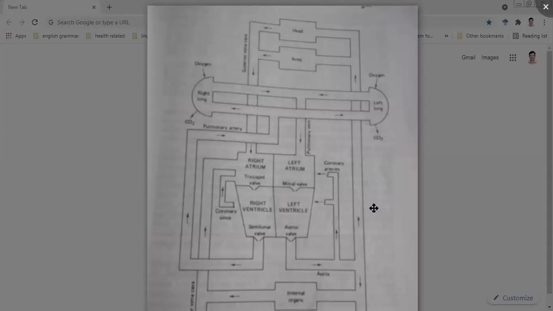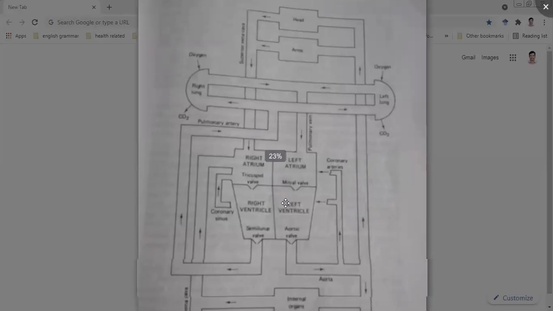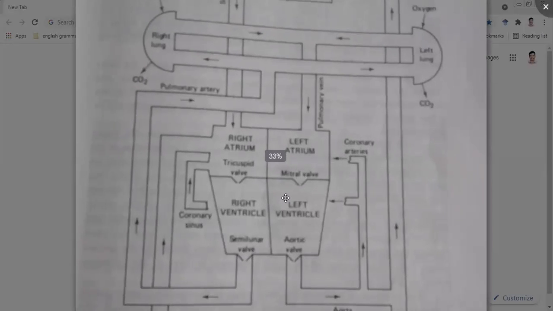Okay, this figure shows what the different parts of the heart are and what chambers are present in the heart. This is the left atrium. Okay, again I will explain.